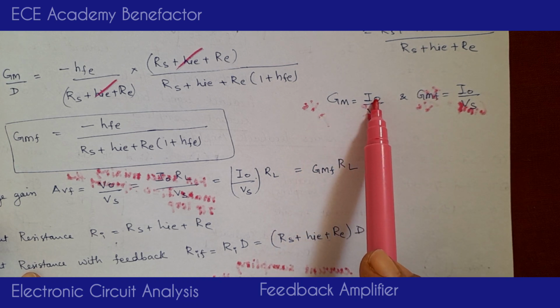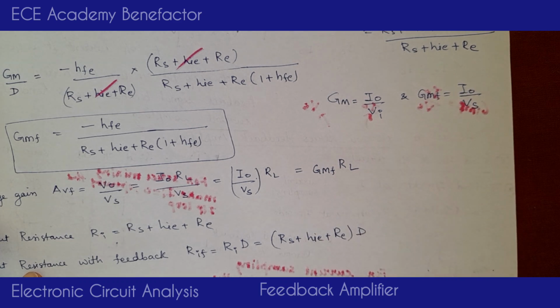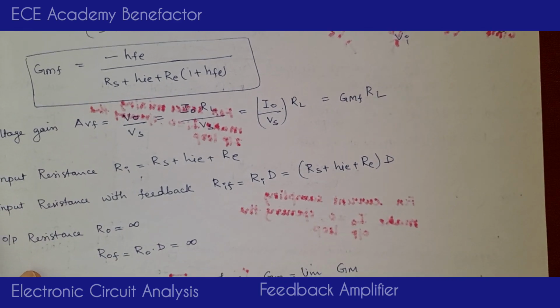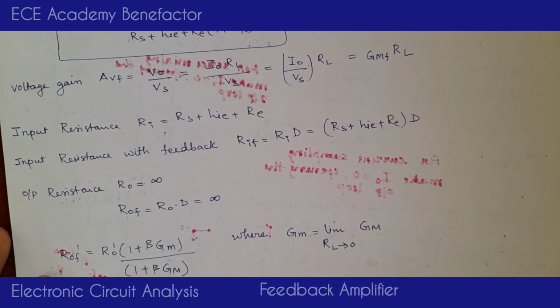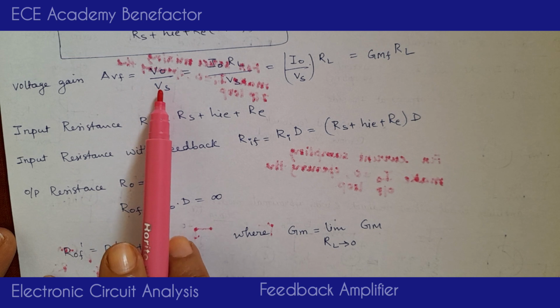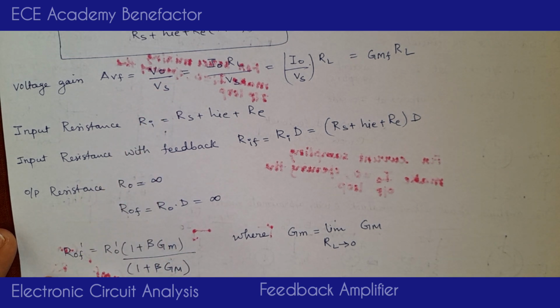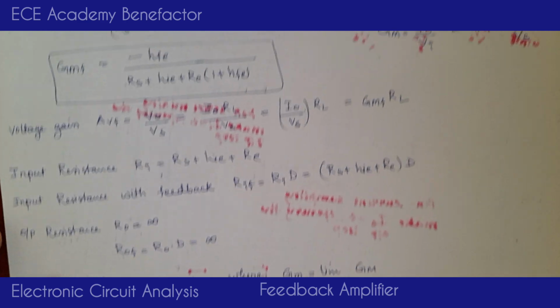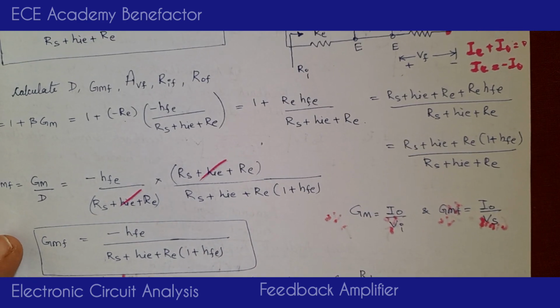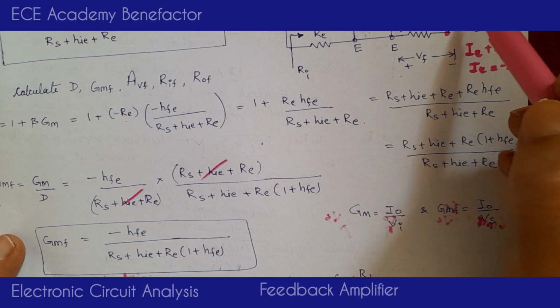GM is output by input, output I0 by VI, this is I0 by Vs. Now we can find voltage gain also. Voltage gain AVF is equal to V0 by Vs. And what is V0? V0 is equal to I0 times of RL. In this, if you see, here we have written as RC.